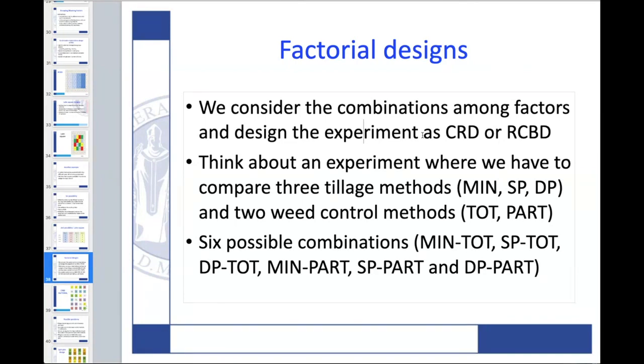I guess this might be clear. 2 factors. One has 3 levels, the other one has 2 levels. 3 by 2 is 6, so we have 6 possible combinations. And the design is crossed, if you remember what we talked about yesterday. This design is crossed because we have all possible combinations.